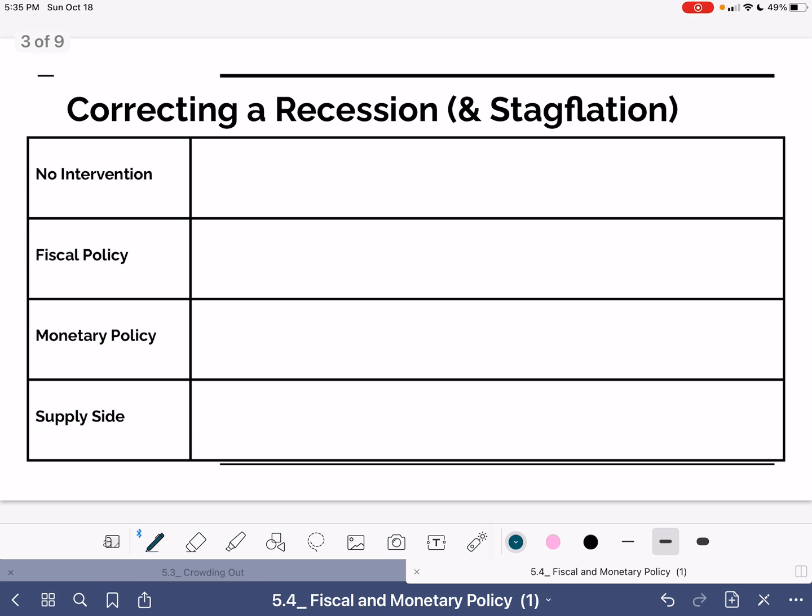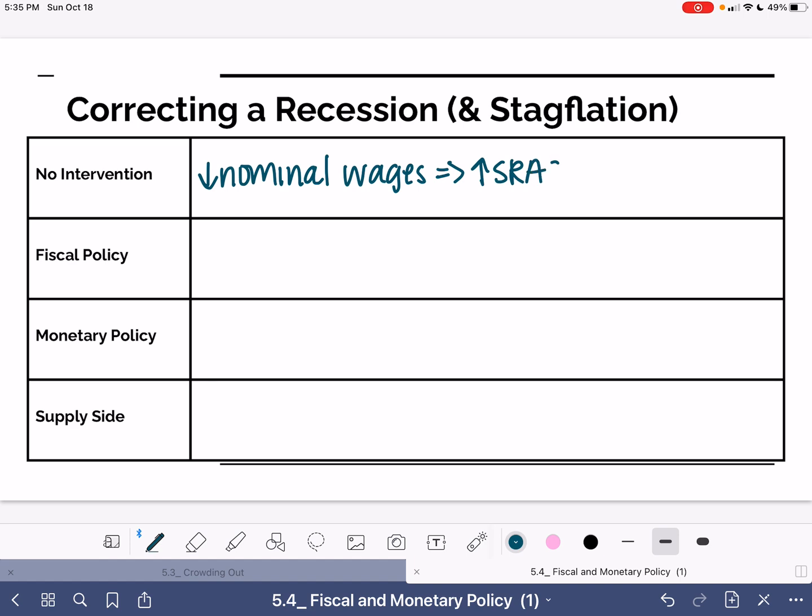So first we're going to start with correcting recession and stagflation. Since they're both on the left-hand side of long run, we'll go ahead and lump them in together. So no intervention is a self-correction. In that recession, we're going to start to see a decrease in the nominal wages. And when we have a decrease in nominal wages, what's going to happen in short-run aggregate supply?